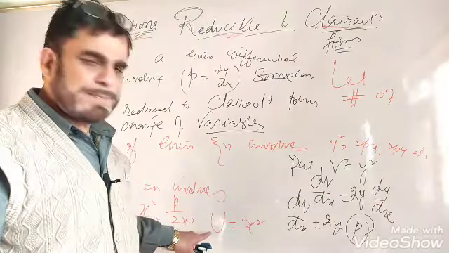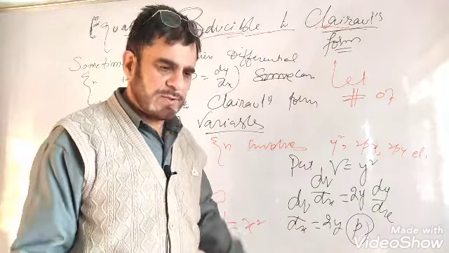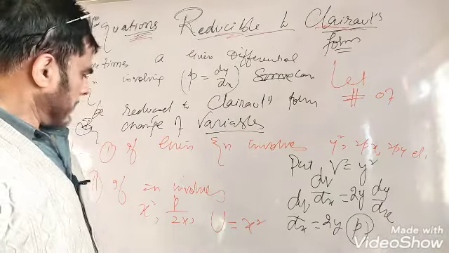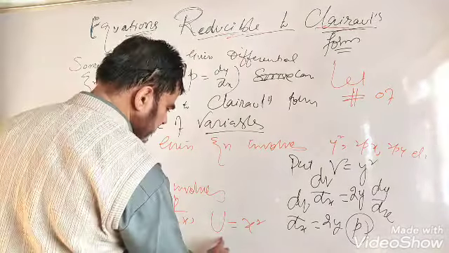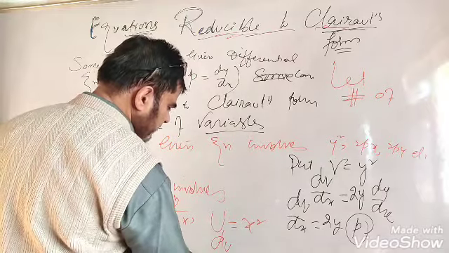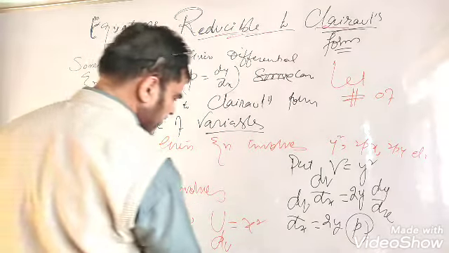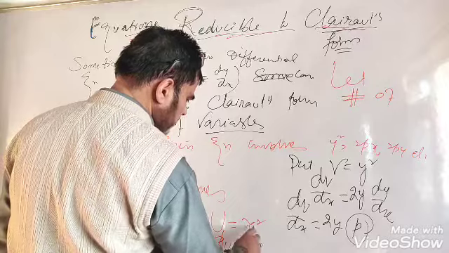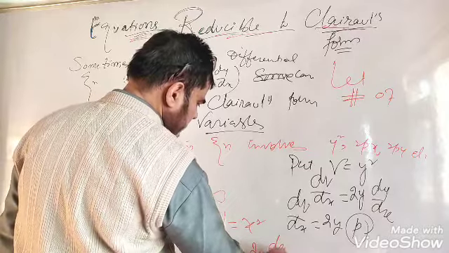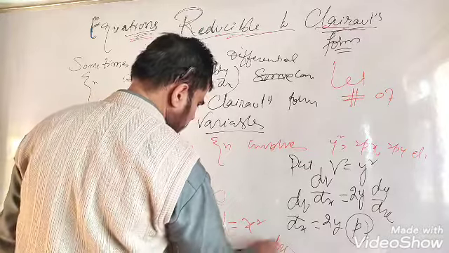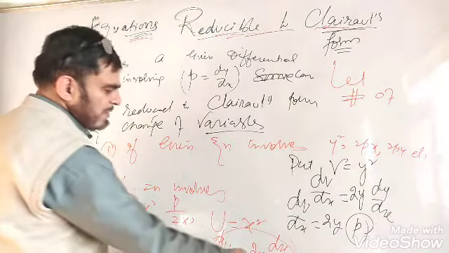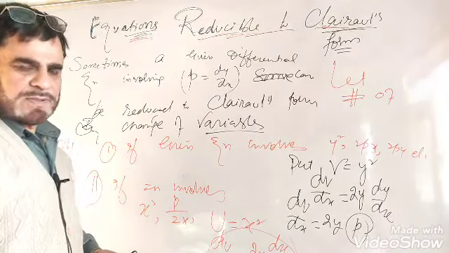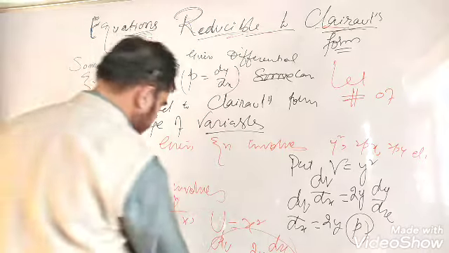Here you can write capital X is equal to small x square. You can go that way also. Here you have du by dy is equal to 2x dx by dy. You can go this way, then this is 1 by p and you go ahead. This is 2 steps.